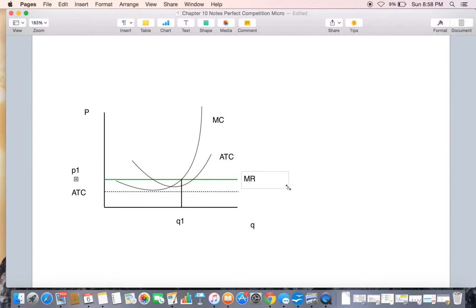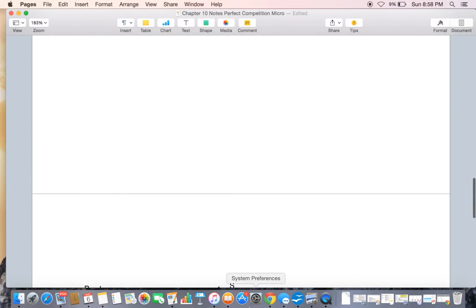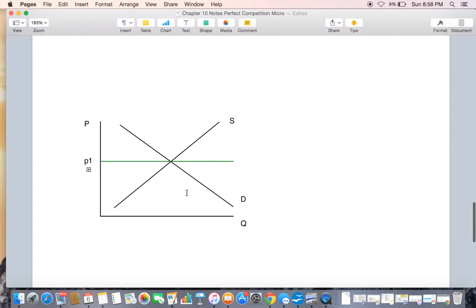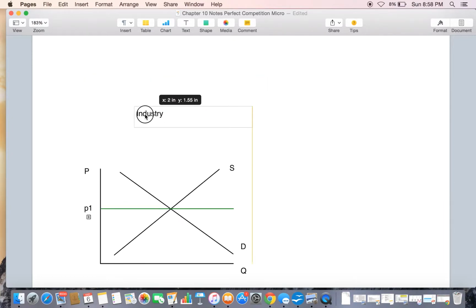Why is this? In short, we are obtaining the price that we would charge from the market, the total market supply and demand. This price that we obtain from the intersection of the total industry supply and demand will then be the price that the firm is going to charge.